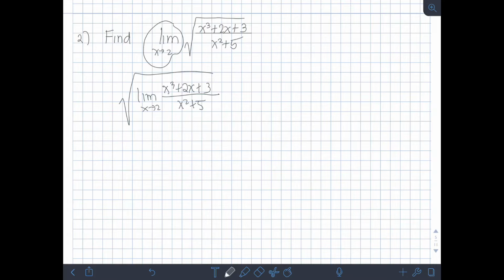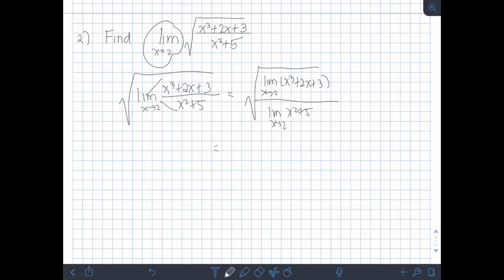And then, applying limit theorem 9, which is yung division, pwede natin i-distribute yung limit natin doon sa numerator and denominator. So, parang equal sa square root of limit of x cubed plus 2x plus 3 as x approaches 2 over limit of x squared plus 5 as x approaches 2.